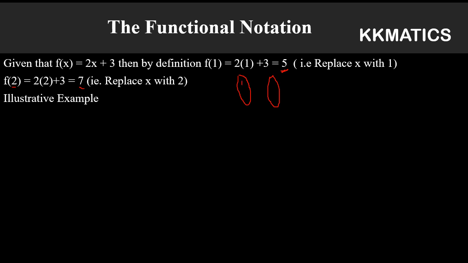So we have here 1, and here we have 2. And so by the function, 1 maps to what? As you can see on your screen, that's 5. So we have 5 here. And here, 2 maps to what? As you can see on your screen, that's 7.